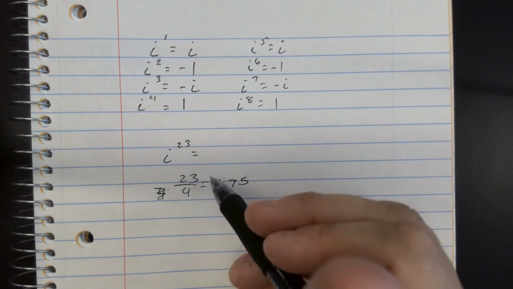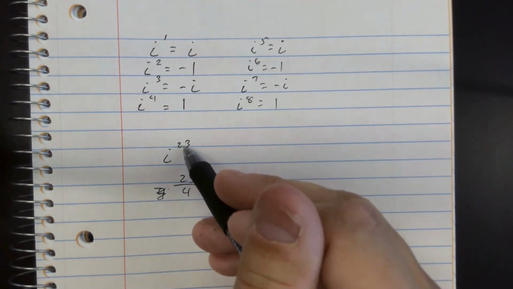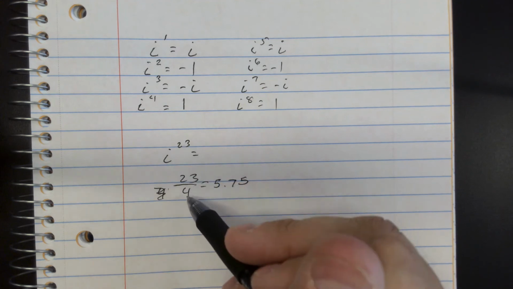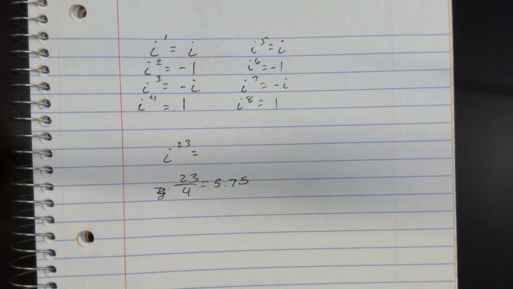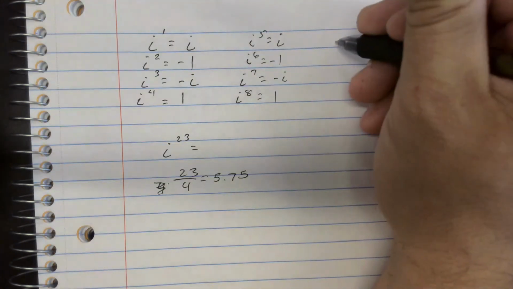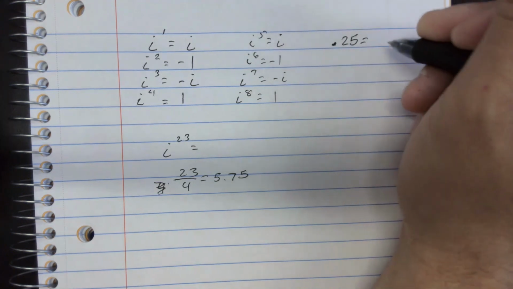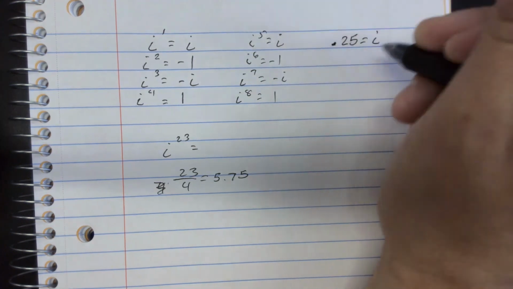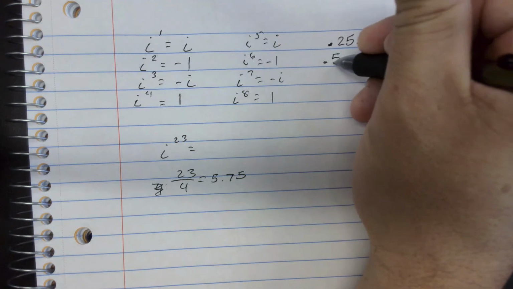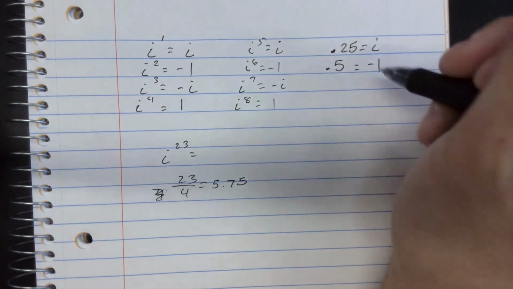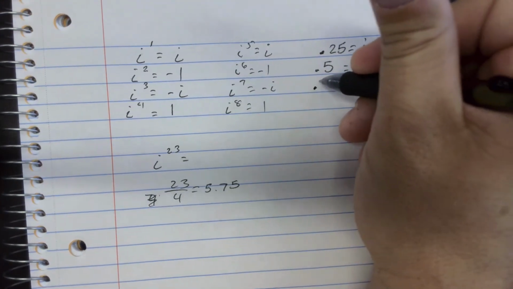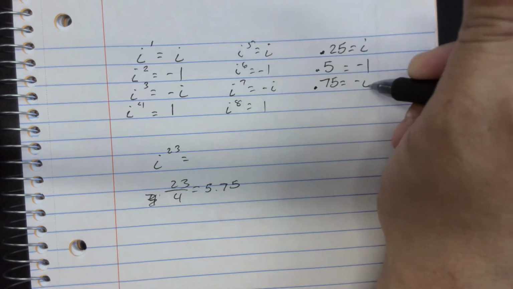So 5.75. No matter what the exponent number is, we're going to divide it by 4. The remainder will tell us where we're at because it repeats itself. Now, this is something you guys could write down. If the remainder is 0.25, it's going to be I. If the remainder is 0.5, it's going to be -1. If the remainder is 0.75, it's going to be -I.